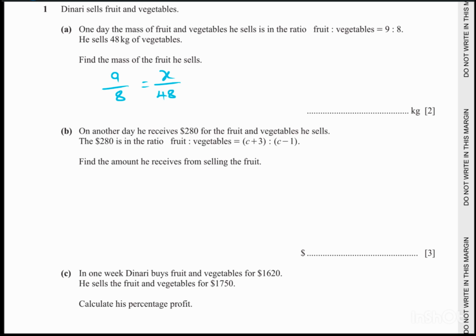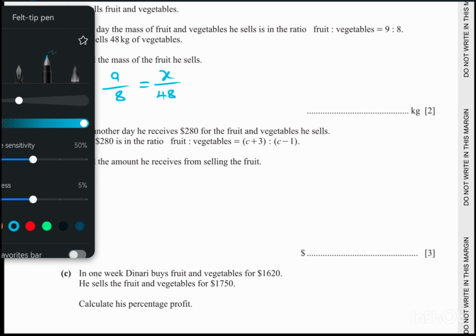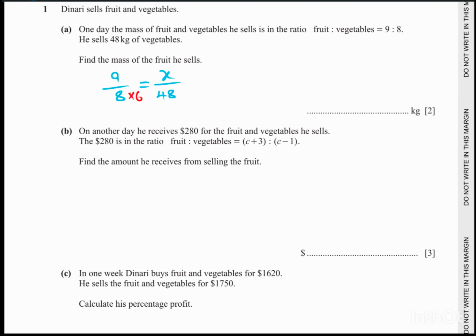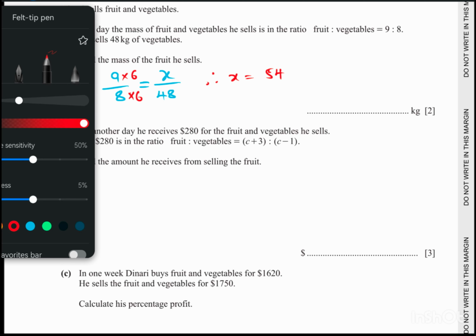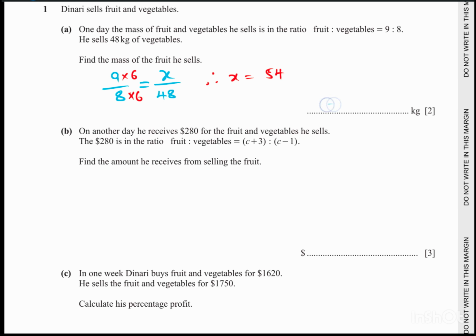Now to find 48, we will use the equivalent fraction concept here. So here 8 can be multiplied with 6 to get 48. So the same number multiplied with 6 will be 54. So therefore x is equal to 54, and the mass of fruit will be 54 kg.